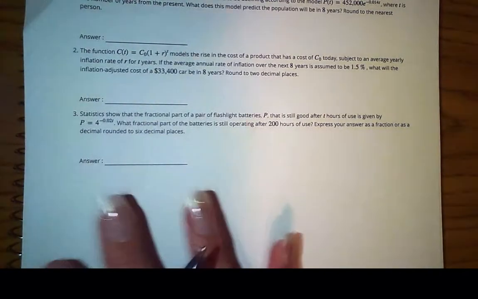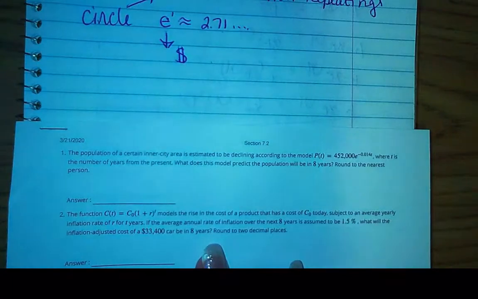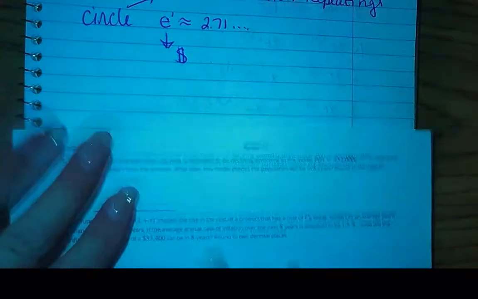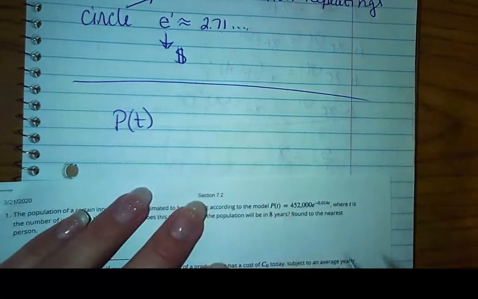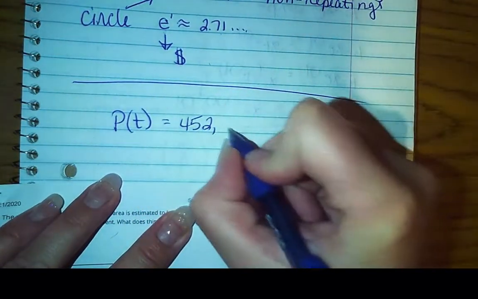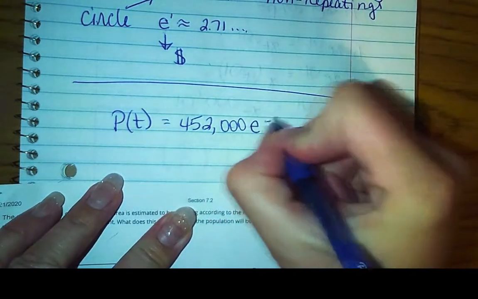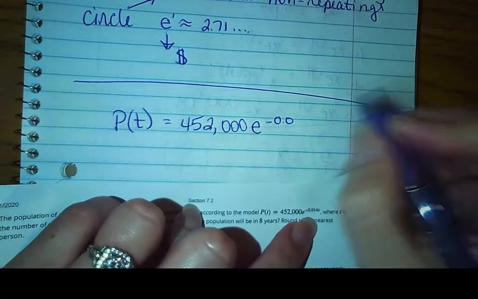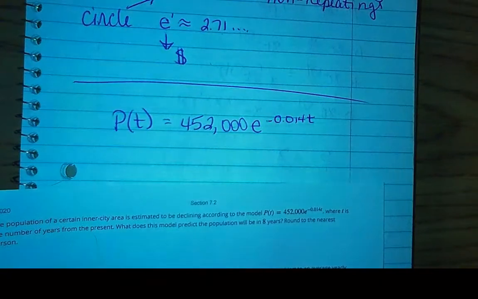It's not a variable. So for number 1, it says that the population of a certain inner city area is estimated to be declining according to a model P of T, the population in terms of time, equals 452,000 E to the negative 0.014 T. And T is the number of years from the present.